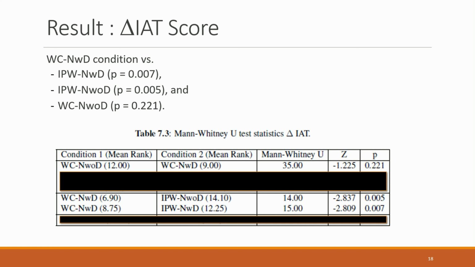Similarly, there is a statistically significant change in bias in the condition WC and WOD versus in-place walk with narrator without disabilities. However, we did not see any statistically significant change in comparing the conditions WC and WD versus WC and WOD.